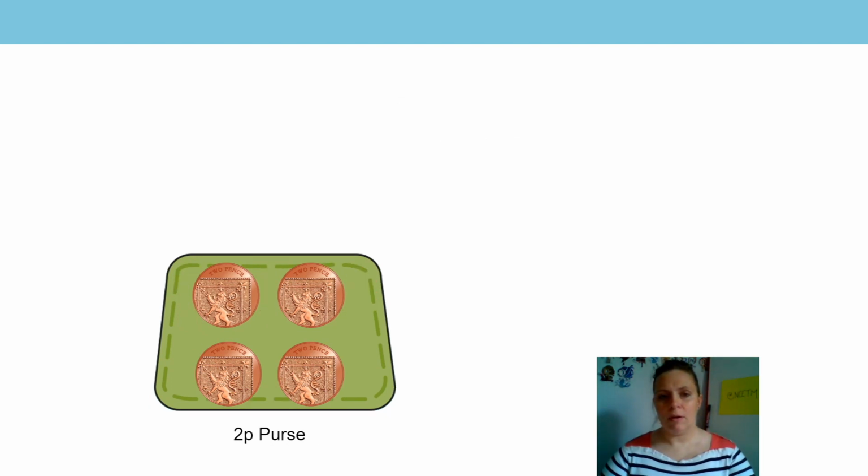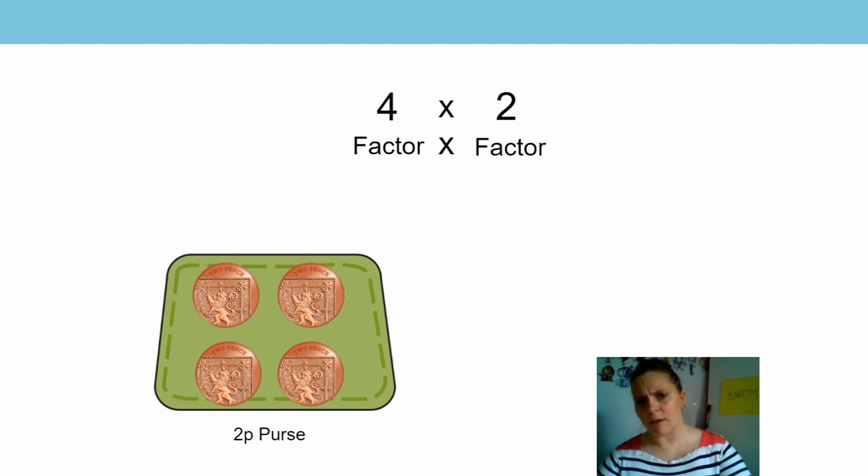Oh, I've only got 4 2p coins in this 2p purse. So I have 4 as a factor and 2 as a factor. I wonder what my product is.